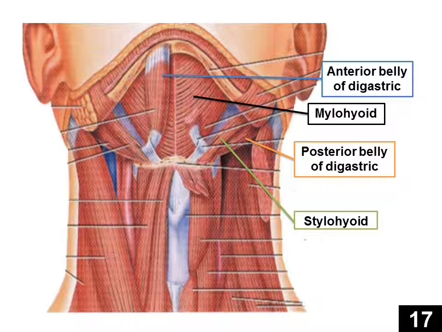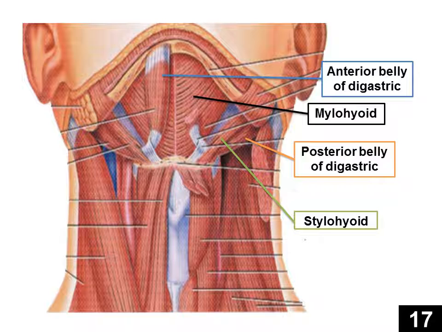The anterior belly, you can see it indicated by the blue color arrow, which arises from a notch أو depression اللي هو digastric fossa على lower border of the mandible body close to symphysis menti. هذا يعني تتذكرون حكينا احنا على lower border digastric fossa.